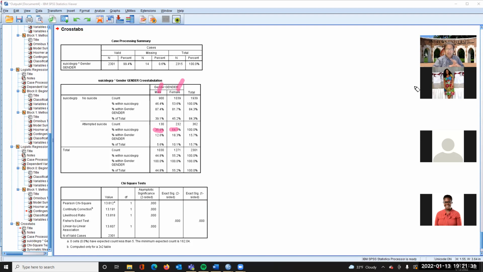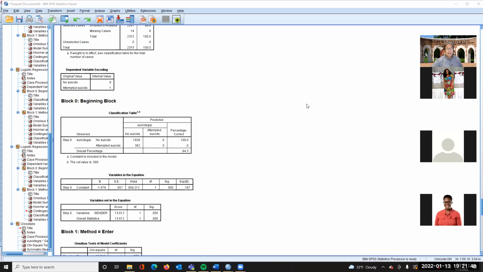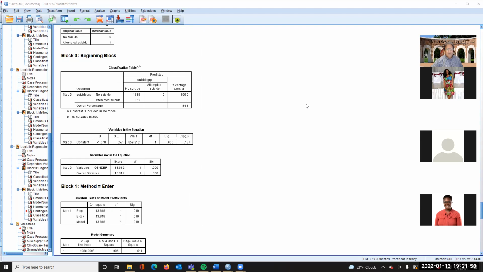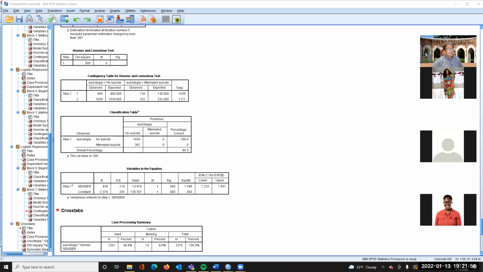Here it looks like it's almost 2 times. But in the binary result, the likelihood is right here.